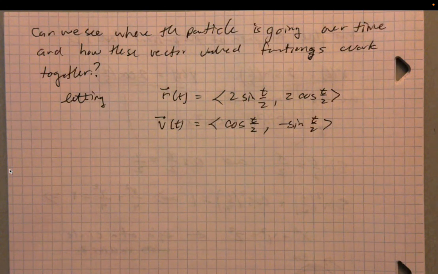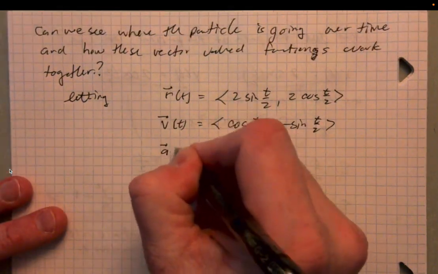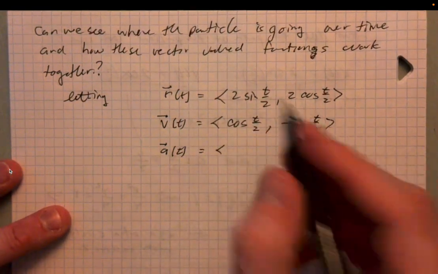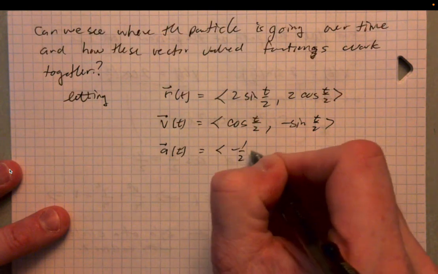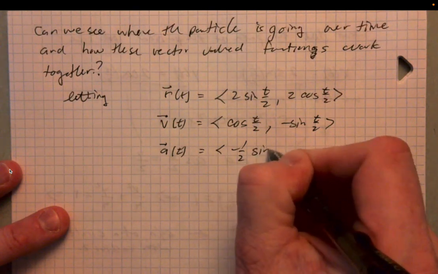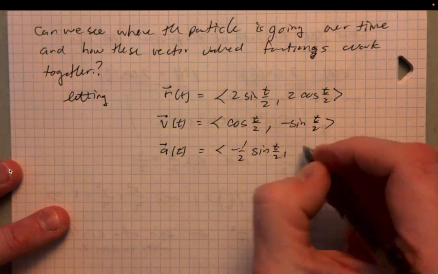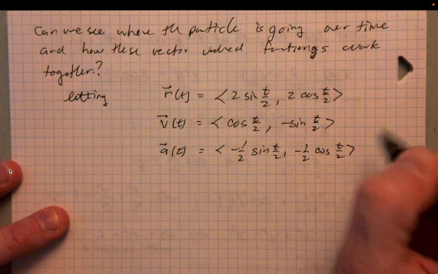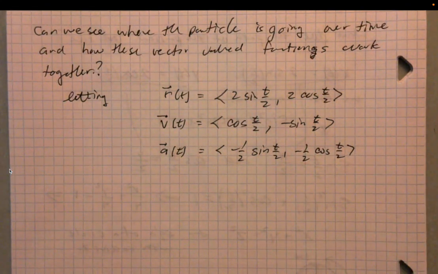Sometimes you'll find that students will get really fixated on a particular notation to the exclusion of another, and that's not ideal because these notations have strengths and weaknesses, right? So sometimes this is better than the other, and vice versa. And so this was negative 1/2 sine of t over 2 and negative 1/2 cos of t over 2 for the acceleration. Okay, so we've got these three.